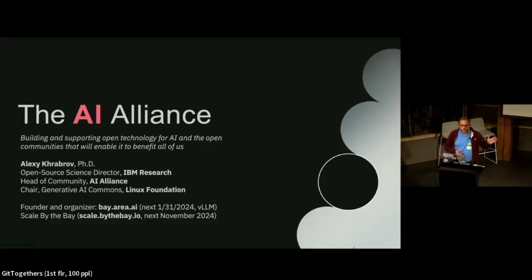We're going to have a talk on vLLM from Berkeley, which is an open source project, and Berkeley is a member of the Alliance, and IBM is a founding member of the Alliance. Also around this conference, Scale by the Bay, which runs every November for 10 years and is basically a conference of the meetups, we welcome everybody to speak there. It's also about open source software engineering, data pipelines, and machine learning and AI.